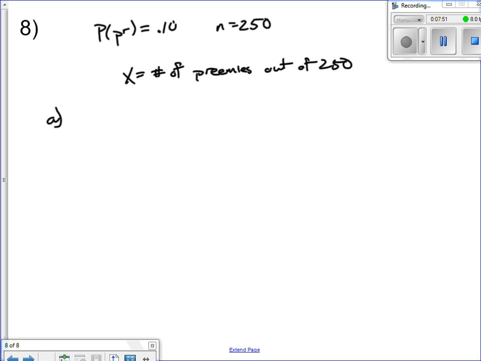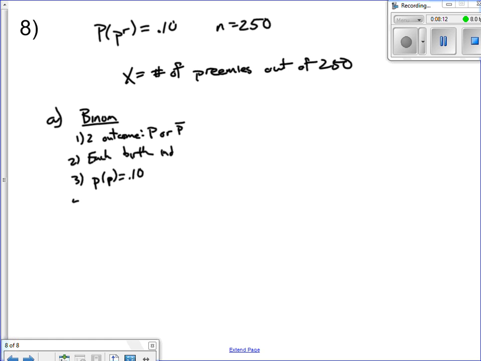Can we allow for normal approximation? Well, first off, is it binomial? There are 2 outcomes. They're premature or they're not. Each birth is independent. The probability that we get a premature birth is 0.10. And we have a fixed number of trials, n equals 250.